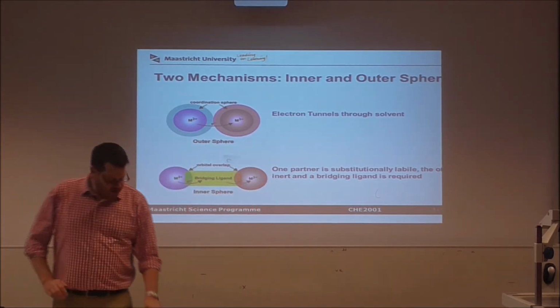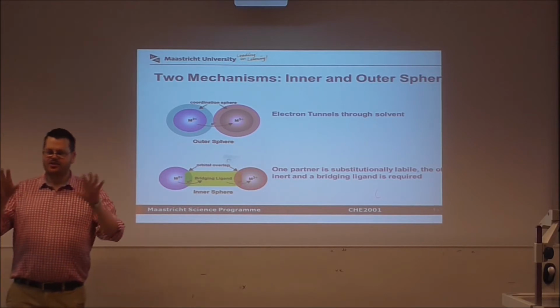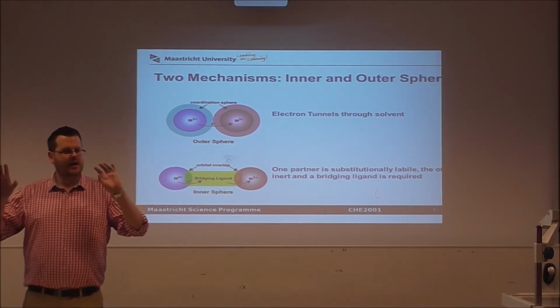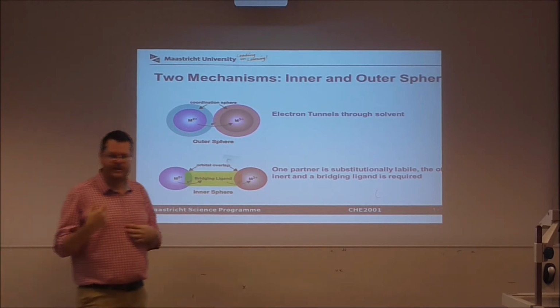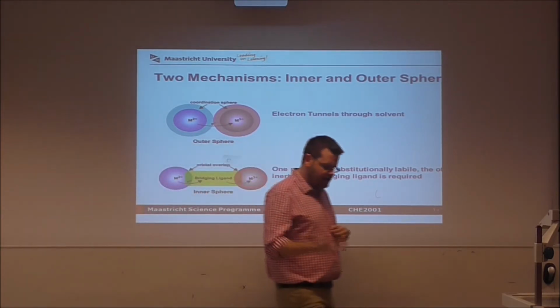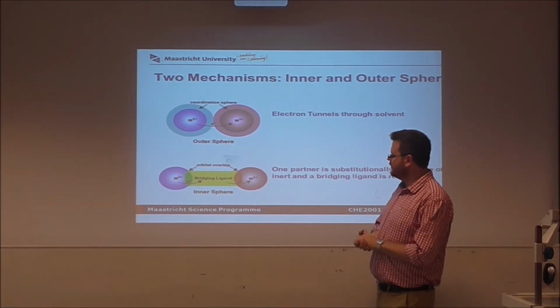Now, the requirement for an inner sphere process is that you have two reaction partners. One must have a bridging ligand of some sort, could for example be a halide or a thiocyanate or some organic molecule.